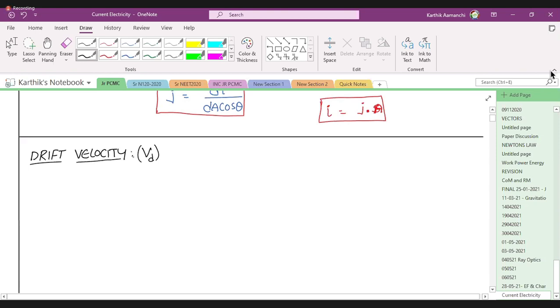The velocity with which the charge will move from one point to another point is called drift velocity. Semiconductors will also talk about drift velocity in detail. So the velocity with which the charge will flow from one point to another with respect to time is called your drift velocity.